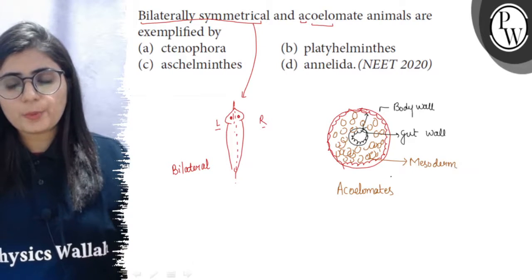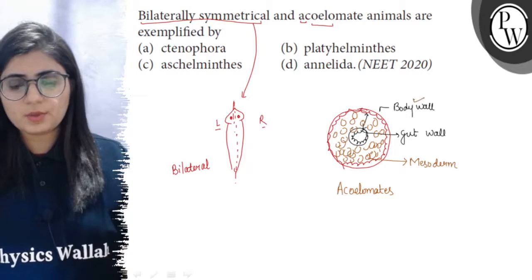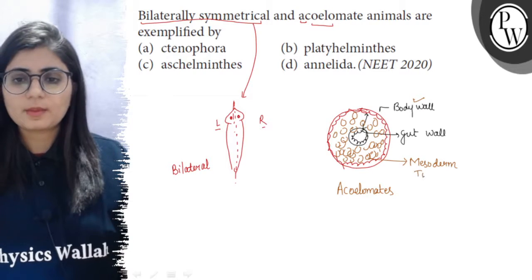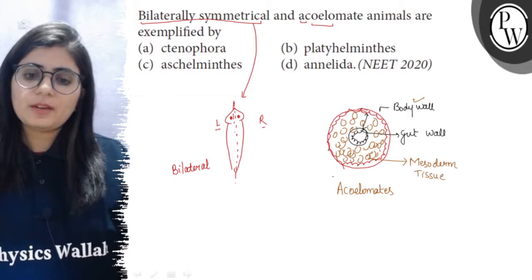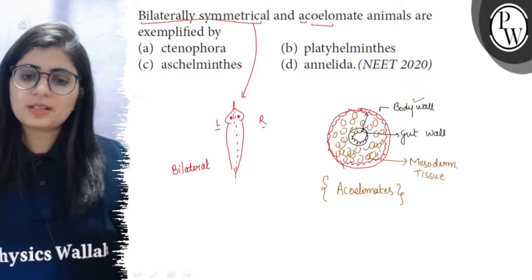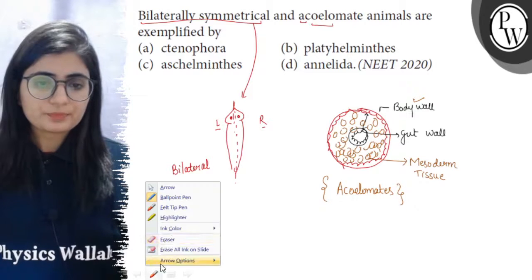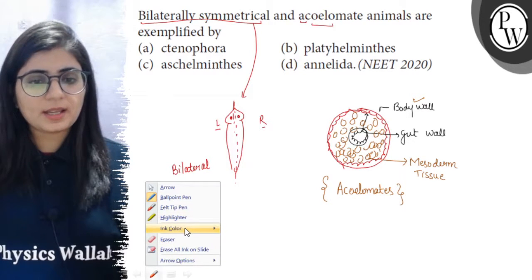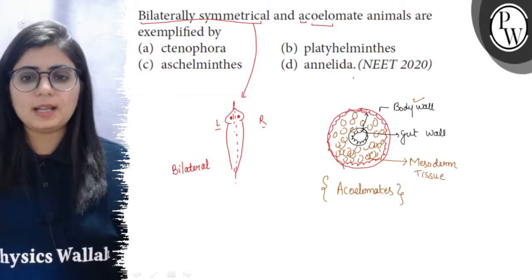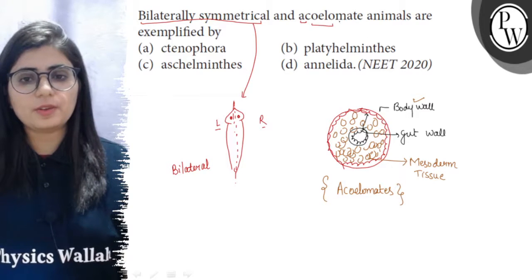Now this tissue occupies all the space present between the body wall and gut wall. So there is no body cavity, and animals having such type of arrangement, they are called the acoelomate. And this acoelom is a characteristic feature of platyhelminthes or the flatworms.